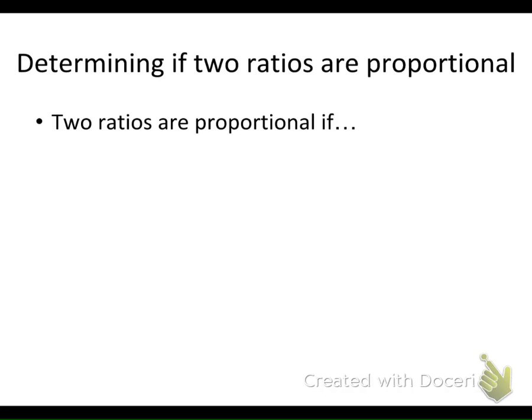So, determining if two ratios are proportional. Two ratios are proportional if they're equal. So, that one you have to write in. If they are equal to one another. So two ratios are proportional if they are equal.